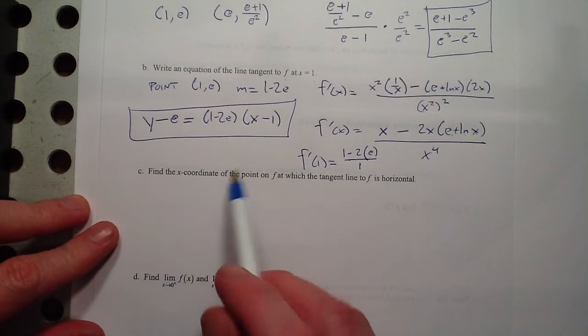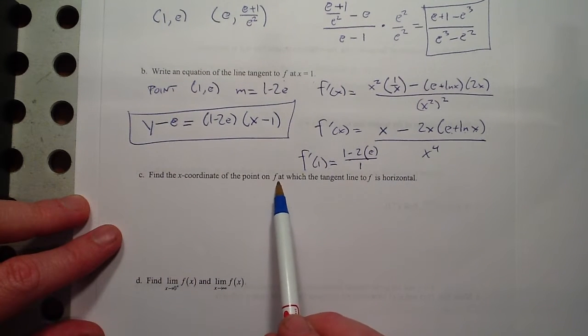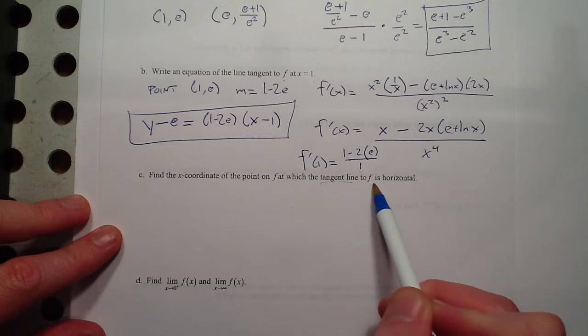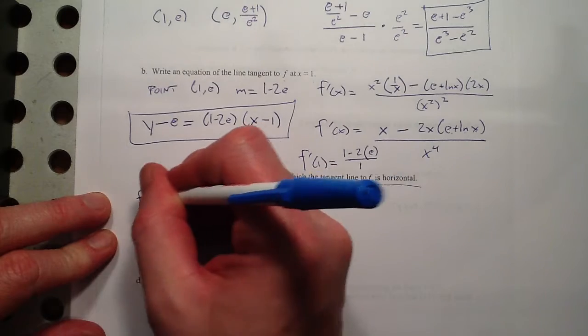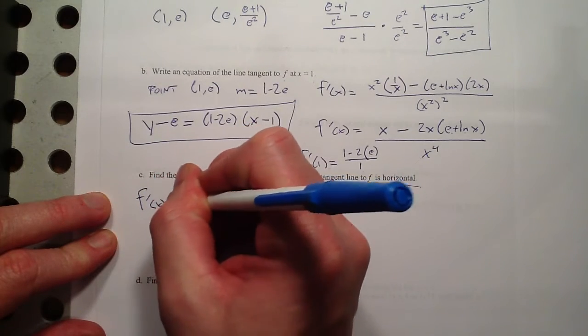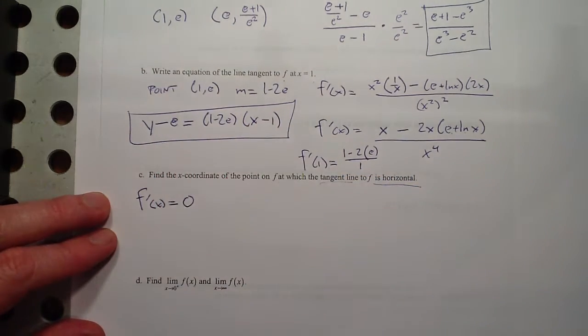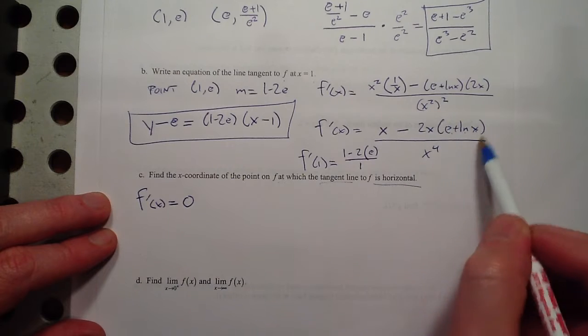Find the x-coordinate of the point on f at which the tangent line is horizontal. Well, the tangent line is horizontal when the derivative is equal to 0, right? And I've got the derivative right here.